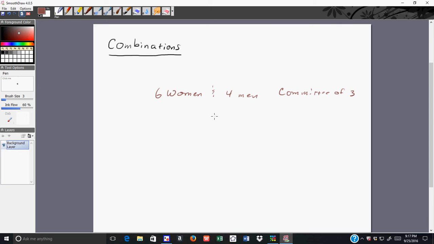How many different ways can you do that? Well, in total, you have 10 people, and you want a committee of 3. And so it looked like this. You have 10 people, you're going to choose 3.